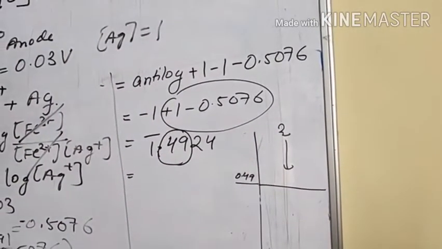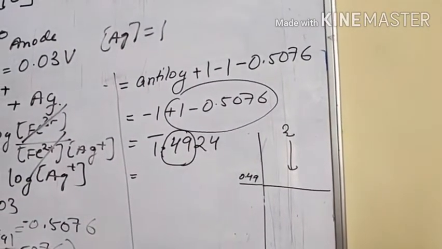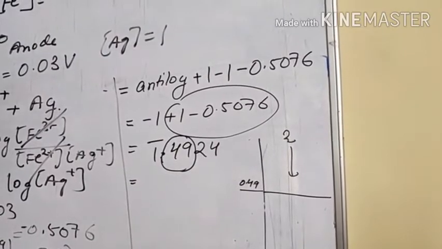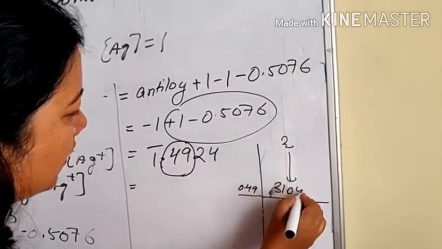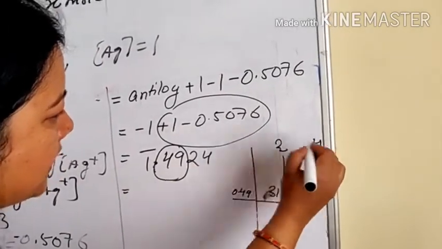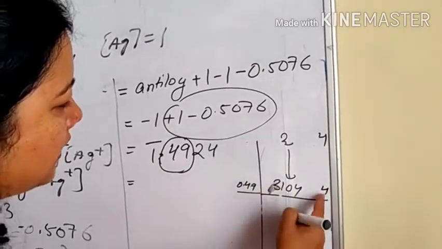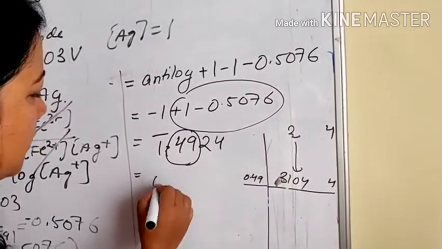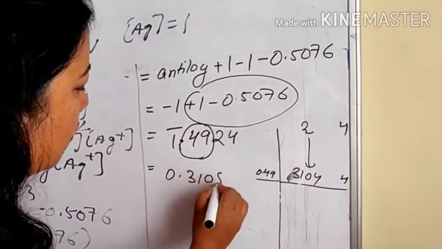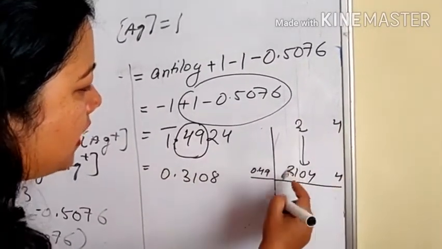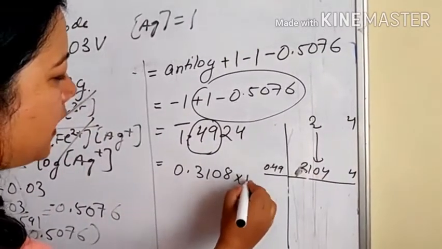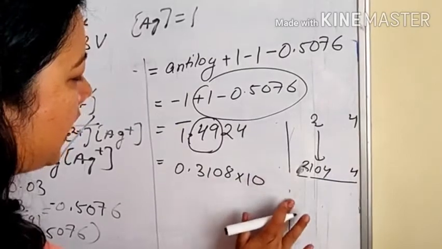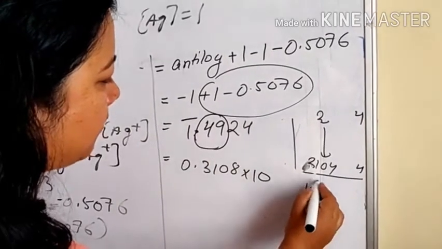The value for this is 3104. Then the mean difference at place 4 is also 4. Adding these two, it becomes 0.3108. So adding these two values, it will be 3108 into 10 to the power n plus 1.